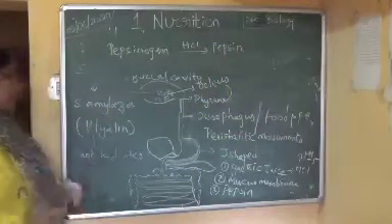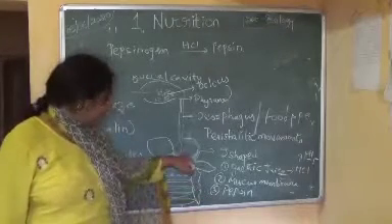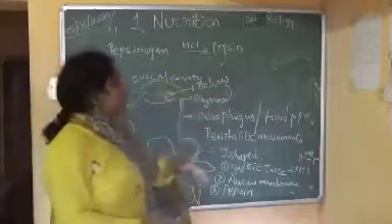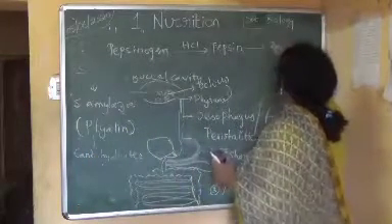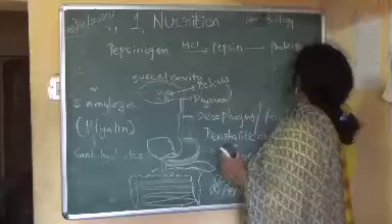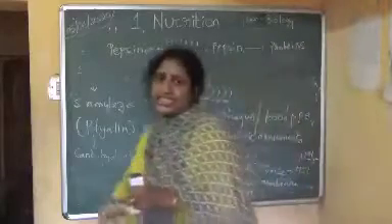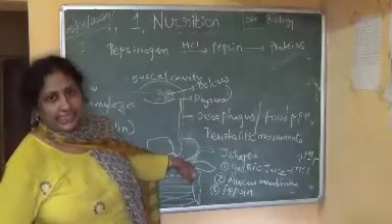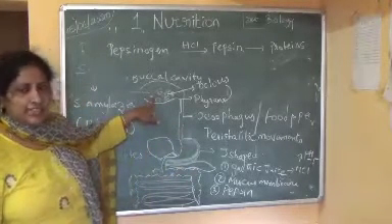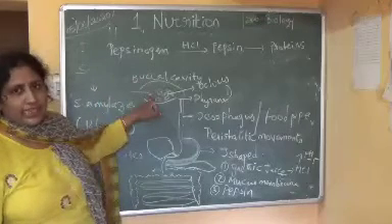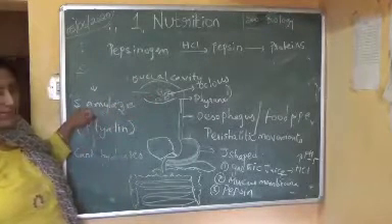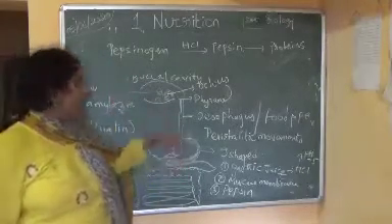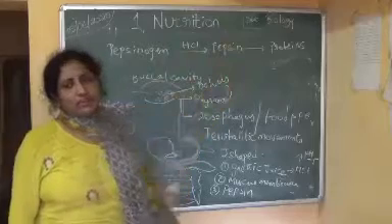This pepsin will act on the proteins present in the food. So protein digestion starts in the stomach, while carbohydrate digestion starts in the mouth by the action of salivary amylase.